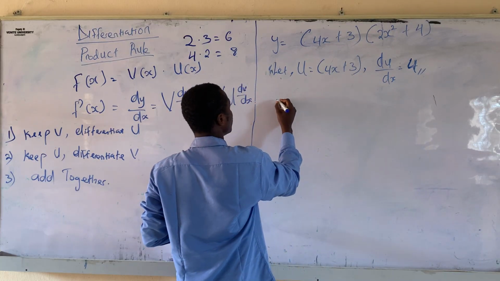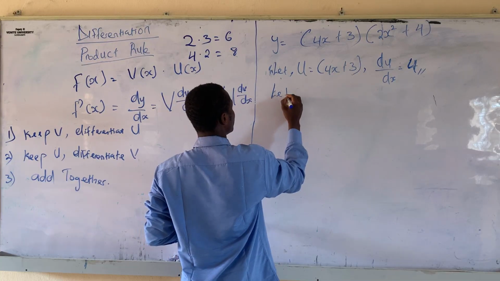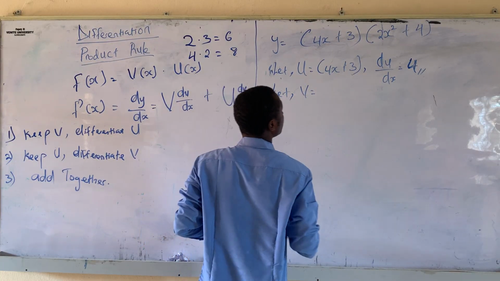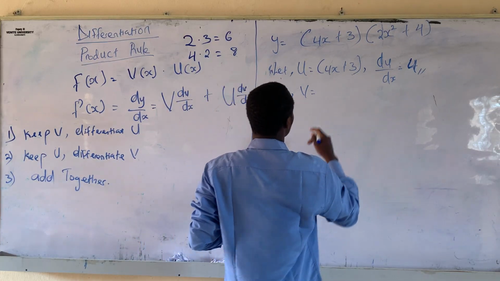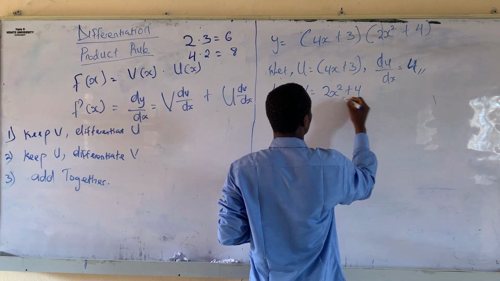Then let v be equal to 2x squared plus 4.